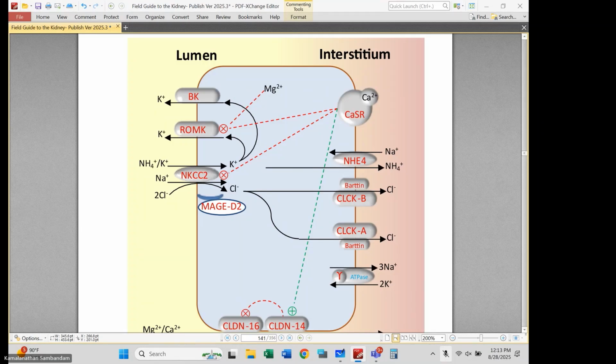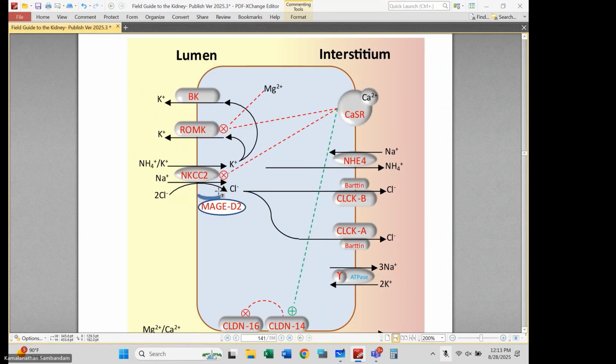But what we do know is that either through this countercurrent exchange or through some other physiologic process, sodium potassium 2 chloride transport is certainly important for creating that medullary hypertonicity.